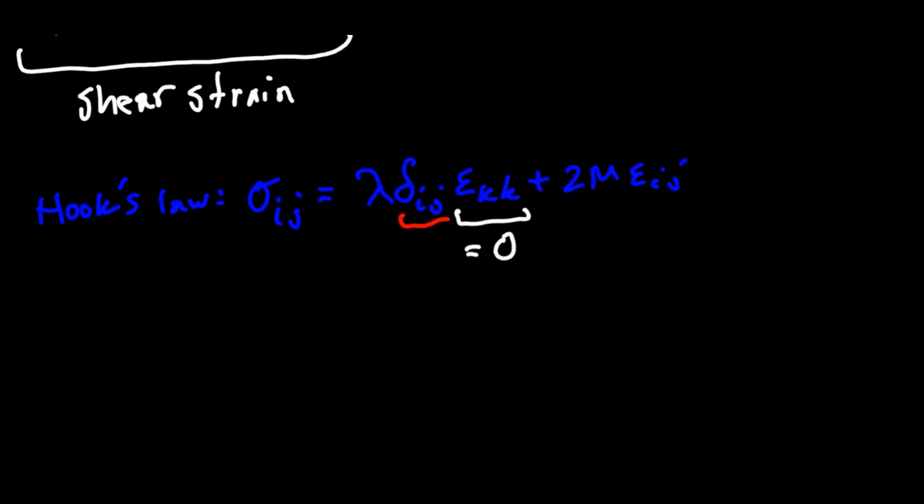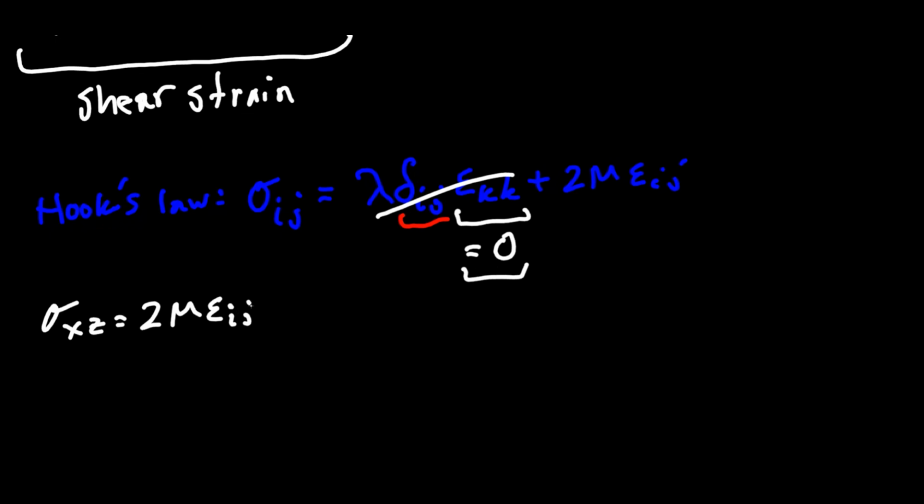So now we can see that our stress is going to be equal to just, because this is equal to 0, that means that this entire thing cancels out, and we're just left with 2 mu times our strain. So remember that our mu is constant, our material constant.